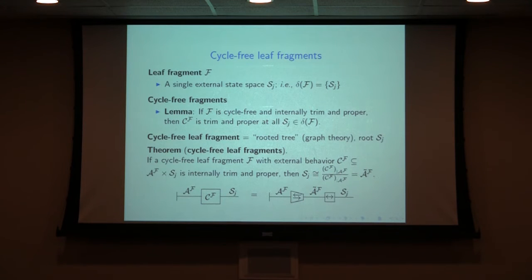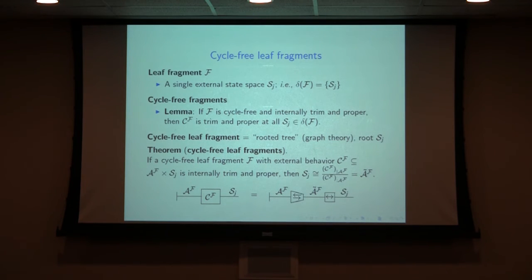So we get, by putting all these things together, if we have a cycle-free leaf fragment that is internally trim and proper, then we know what its external state space is isomorphic to. It's this quotient of the projection of the aggregate of all its external variables over the cross-section of its external behavior with respect to all these variables.